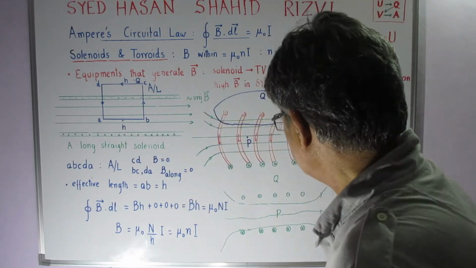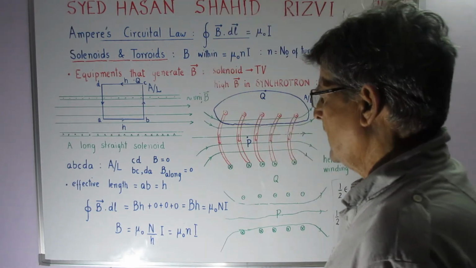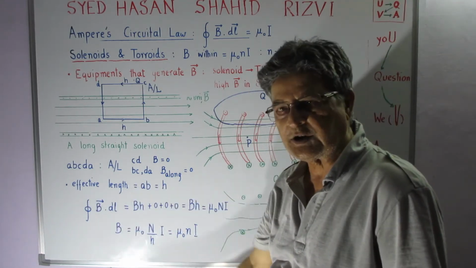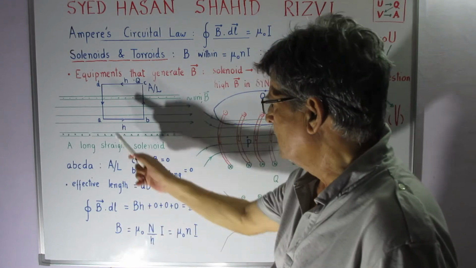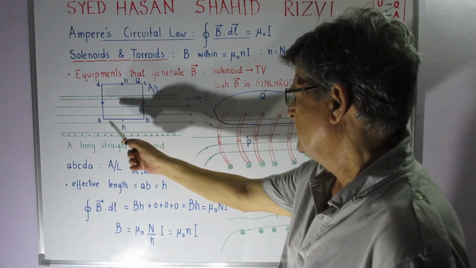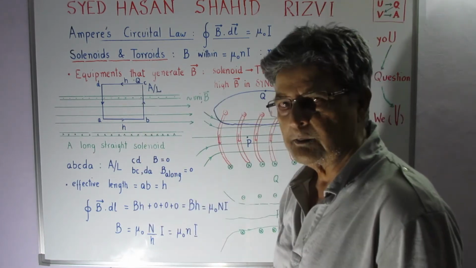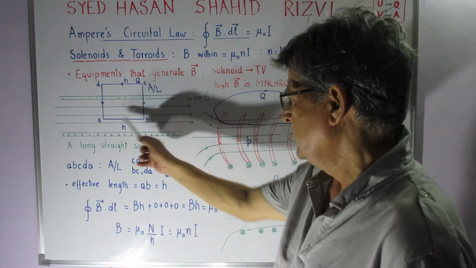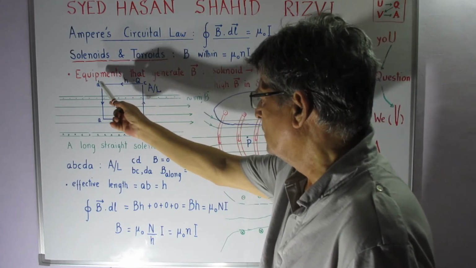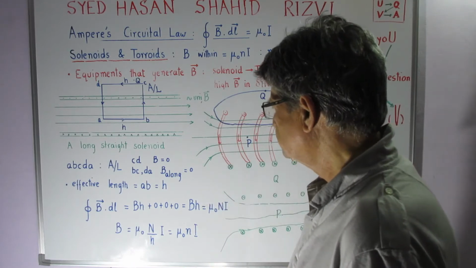Okay, no problem. Now we apply Ampere's circuital law. This is contour integration of B dot dl over the whole contour. The magnetic field is supposed to be the same everywhere, and we take it as B into h. A to B is h plus 0 plus 0 plus 0, and this is equal to Bh.